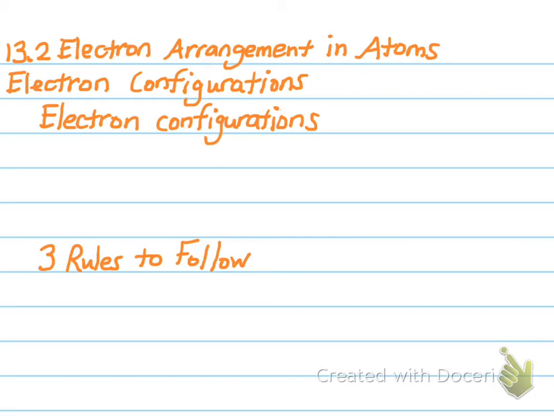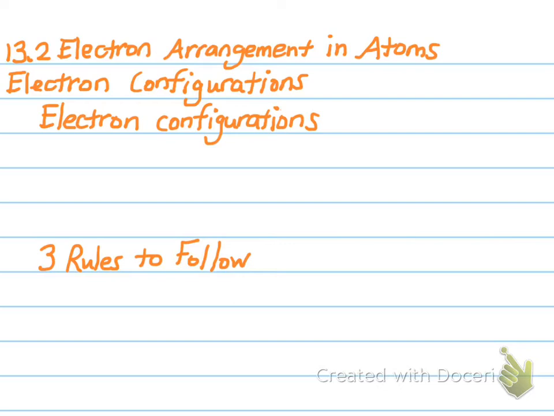So again, all of the chemistry that happens in atoms and in forming chemical bonds and chemical reactions is because of what the electrons are doing. Because of that, it's super important that we know where the electrons actually are in these atoms.